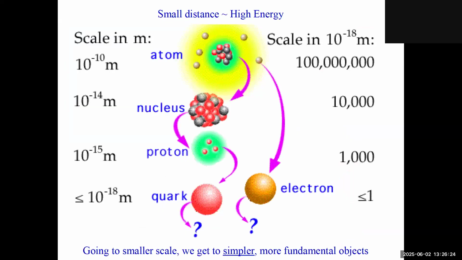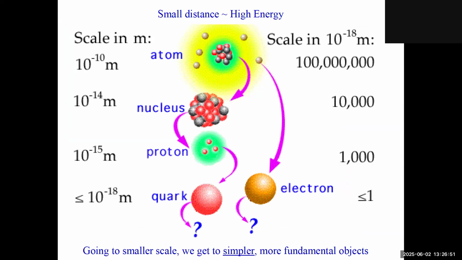And in fact, here's a shorthand. If you probe the atom at different scales, what was supposed to be atomic, that was supposed to be indivisible, if you keep it with low energy and long wavelength, it looks like that. But if you start probing below about an angstrom, then you discover the nucleus; you get down to a Fermi, you discover the proton, and we've gone to something on the order of 10 to the minus 18th meters.